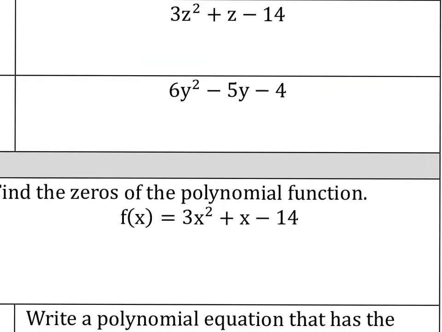Okay, and for this next one here, we can do 3, 1, negative 14, 1, negative 2, 7, or negative 7, 2. Now, I wouldn't use negative 14 or even positive 14, whichever way you want to write your factors.